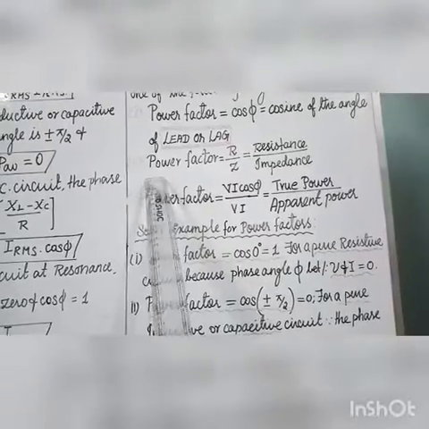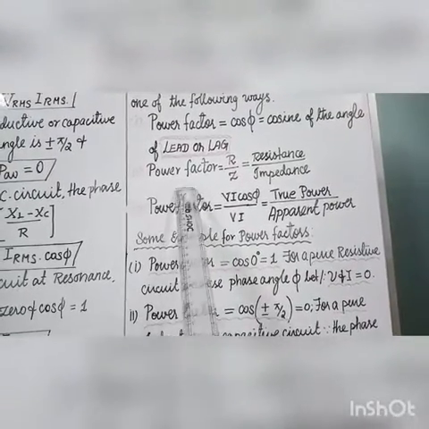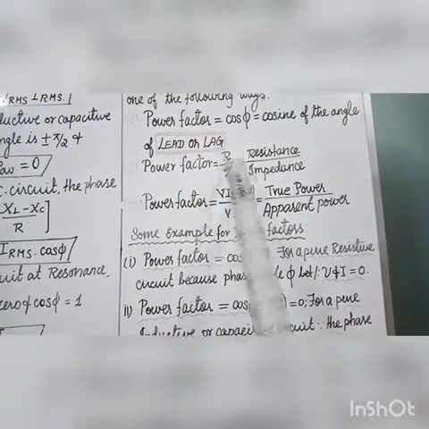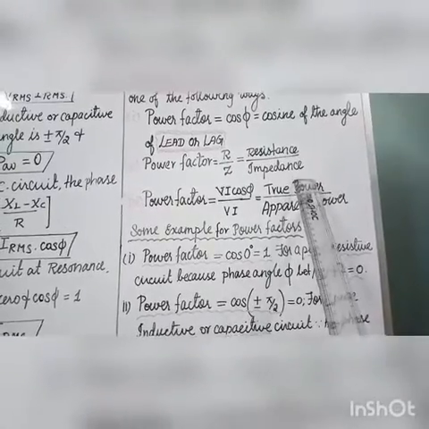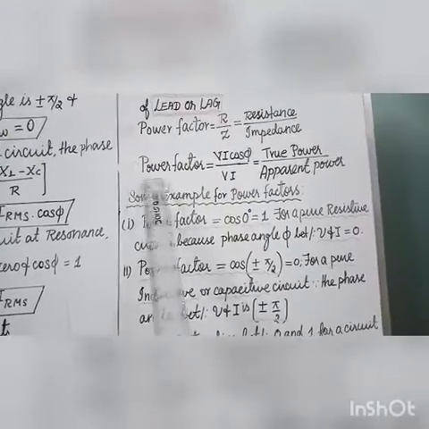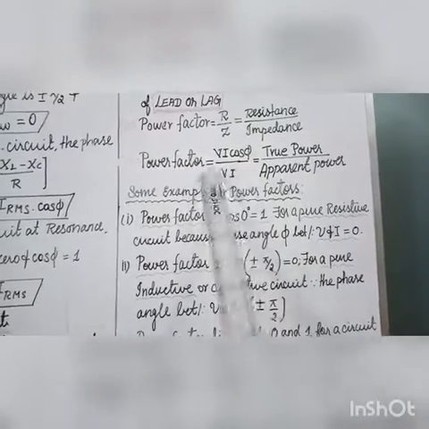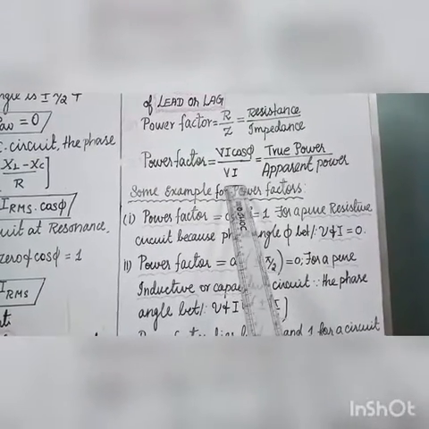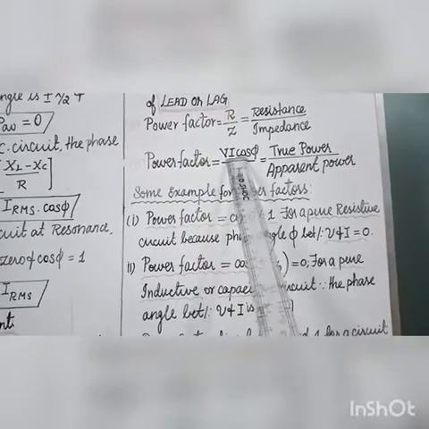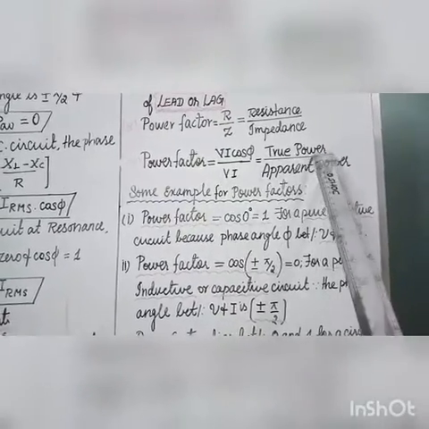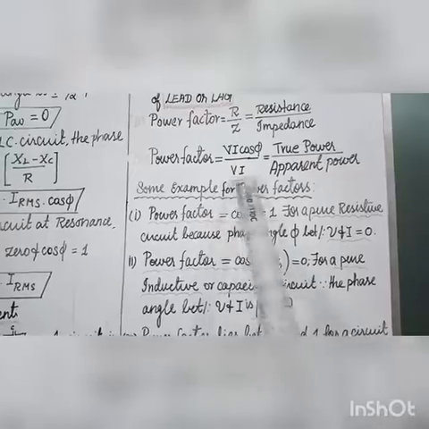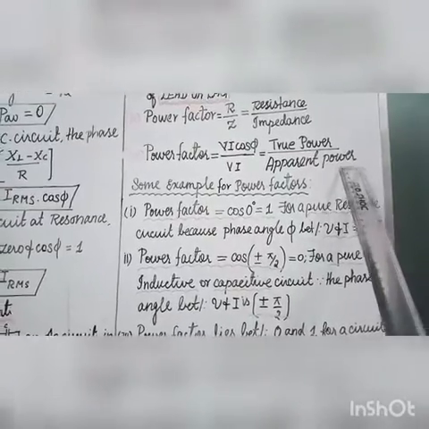The second way: power factor is R by Z, or resistance divided by impedance. The third way: power factor is equal to voltage current cos phi divided by voltage current. Voltage current cos phi means true power, and voltage current is the apparent power.